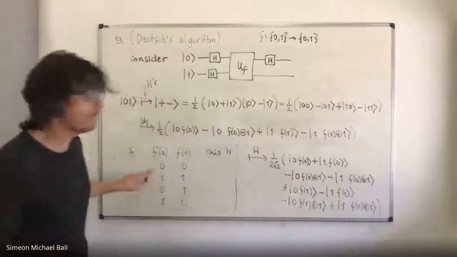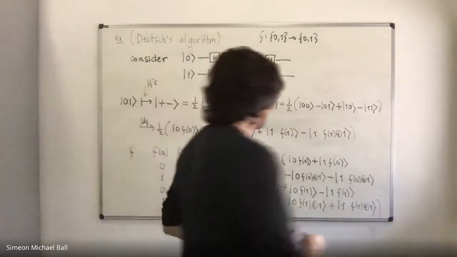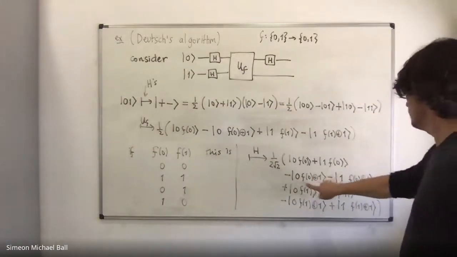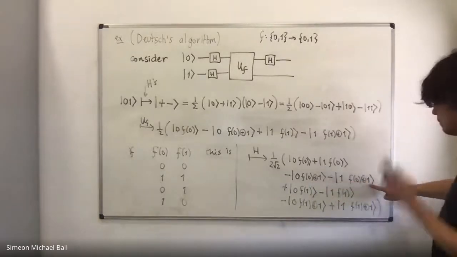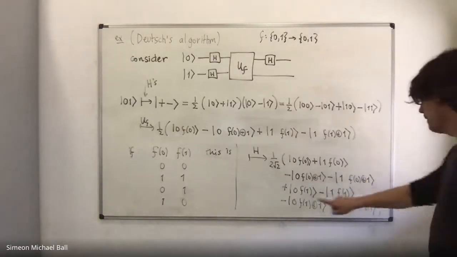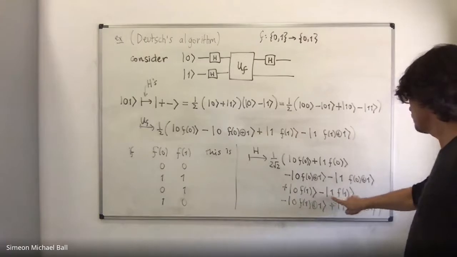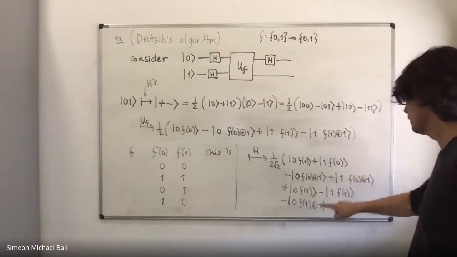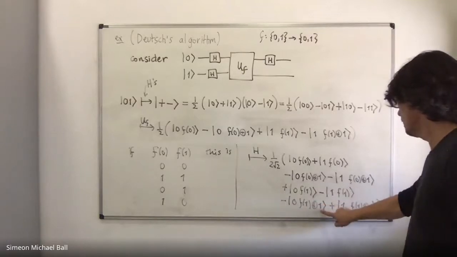So what happens if f0 and f1 are both 0? I have a plus 0, 0, minus 1, 0, and I had a plus 1, 0 here, so these two cancel. Minus 0, 1.